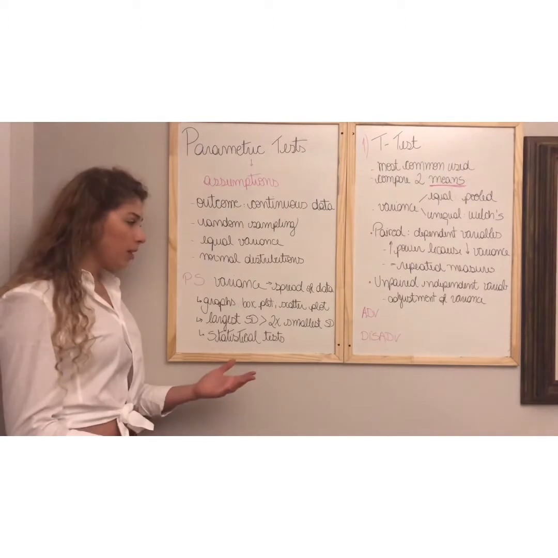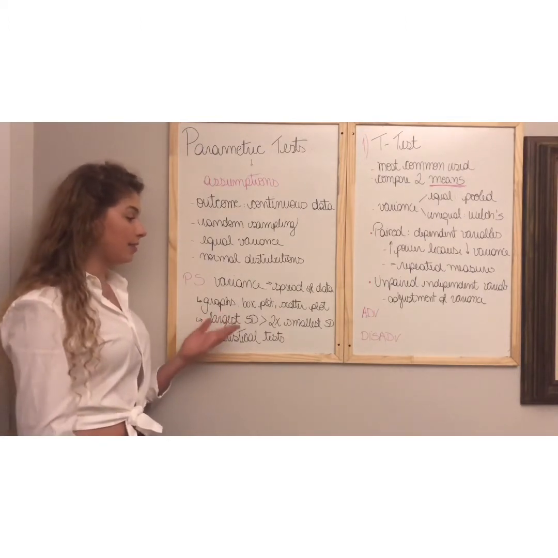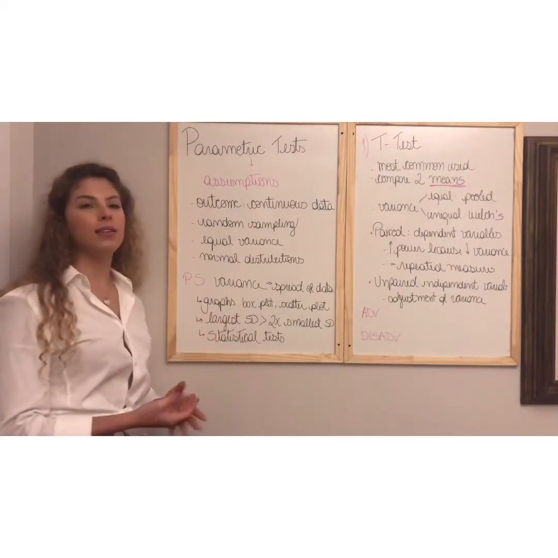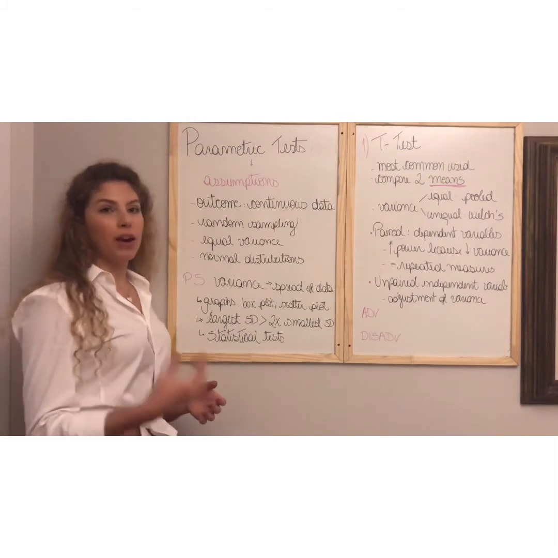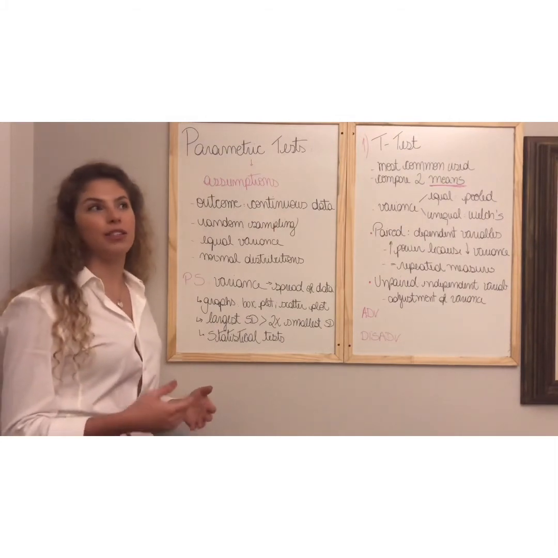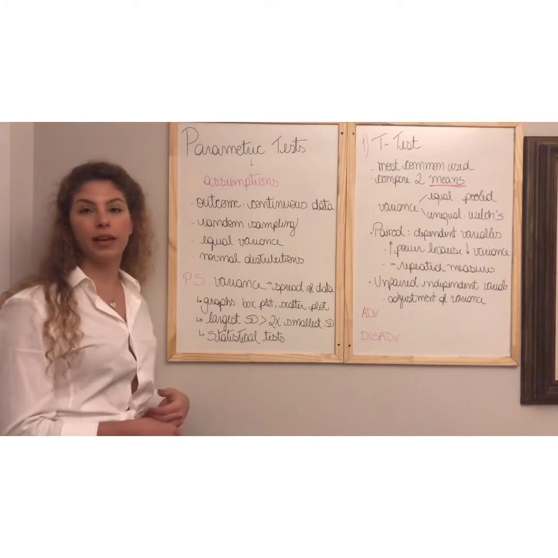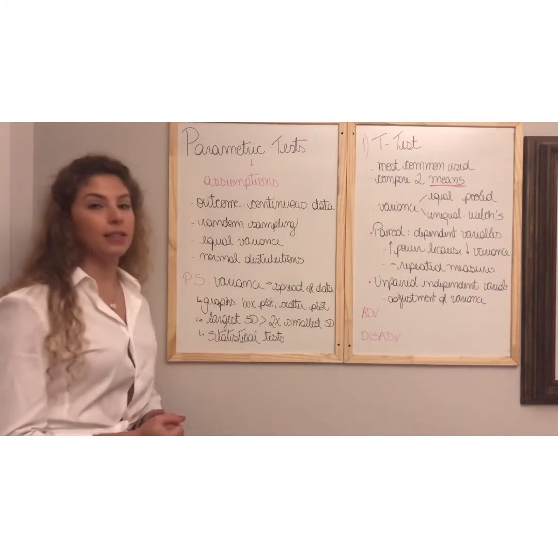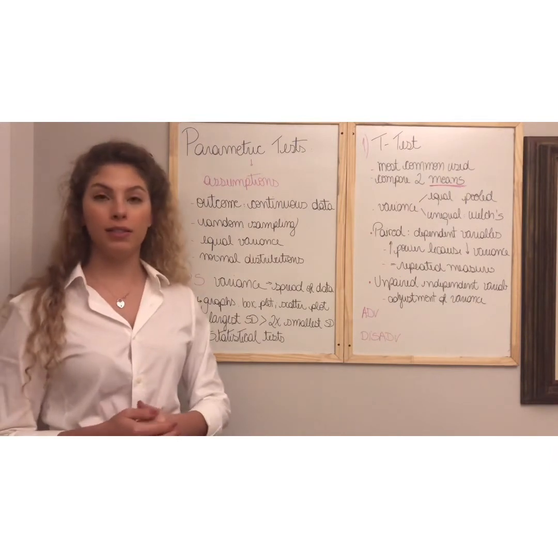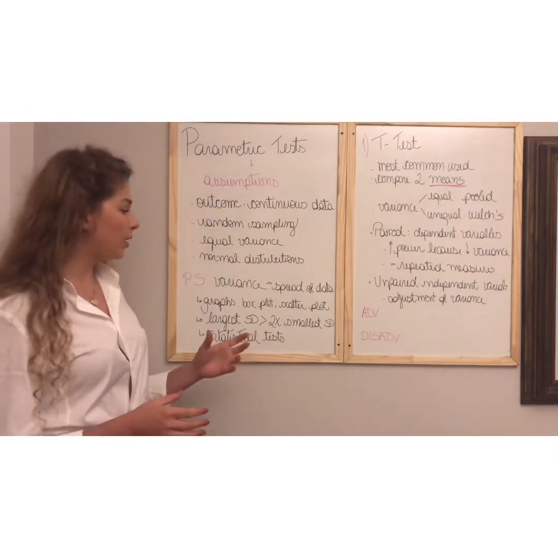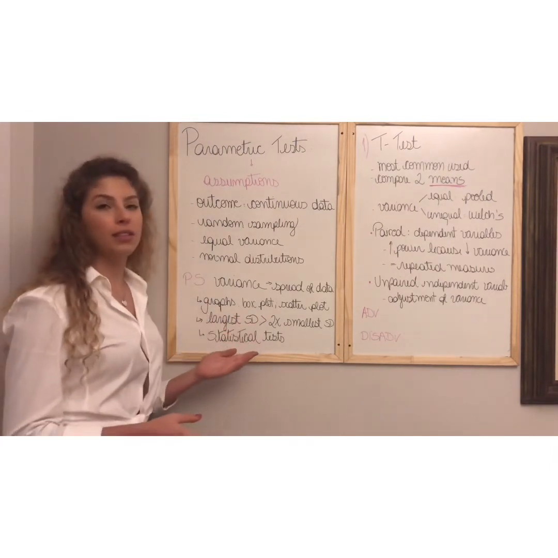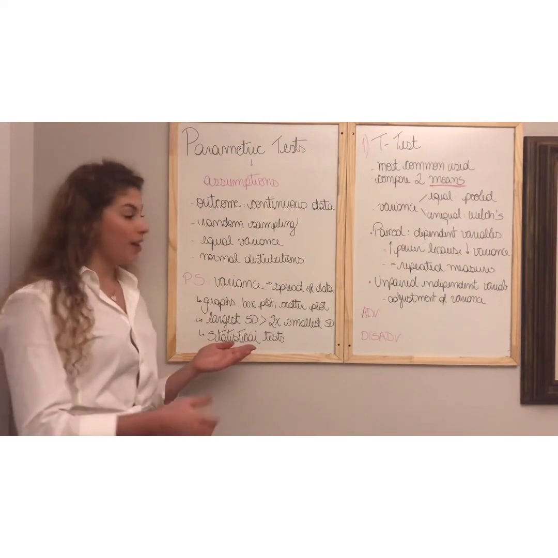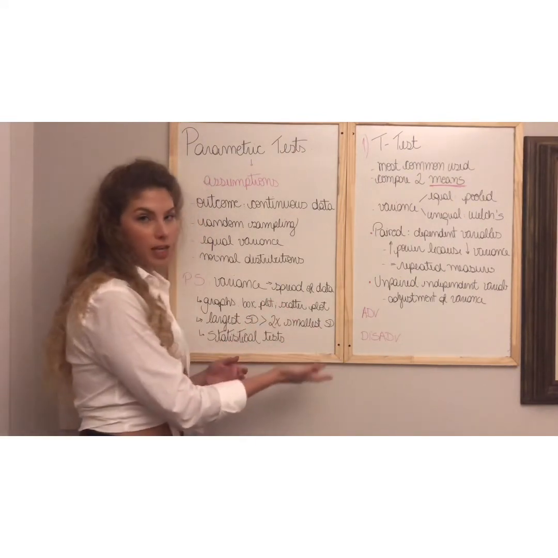Well, and how can we assess variance? We can assess it in three ways: by graphical representations such as box plot or scatter plot. We can also assess it through standard deviation, so we look at the largest standard deviation of the data set and the smallest standard deviation of the data set.